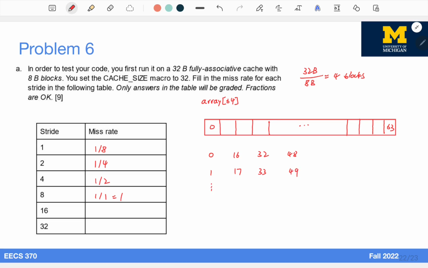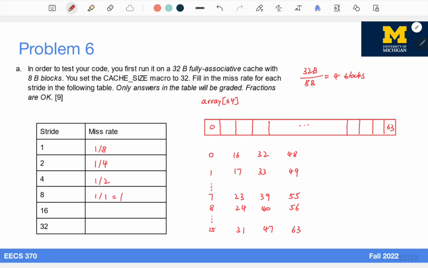And so on, let's say until 7, which should be 7, 23, 39 and 55. And then we'll keep going from 8, 24, 40, and 56, and keep going until we reach 15, 31, 47, and 63.